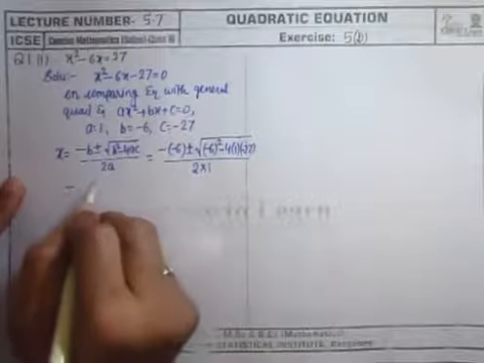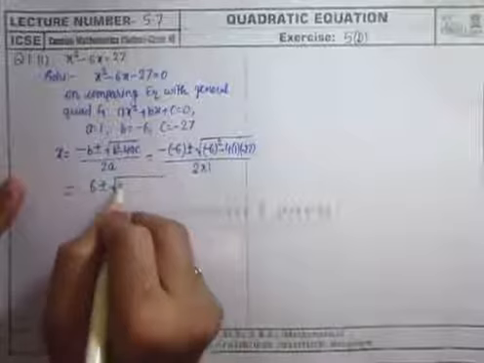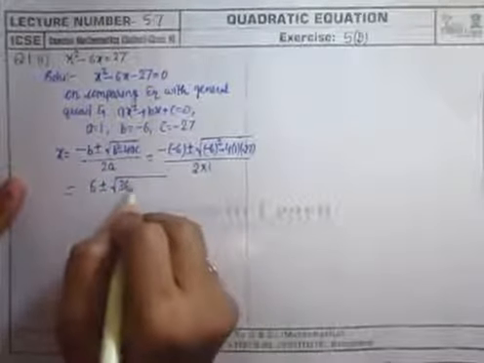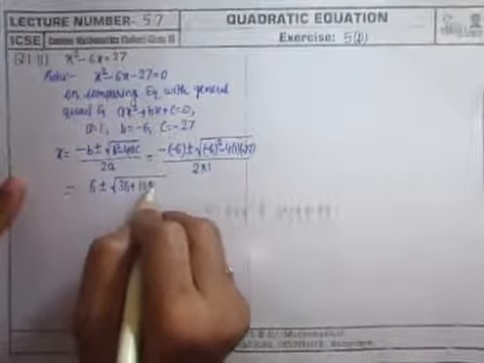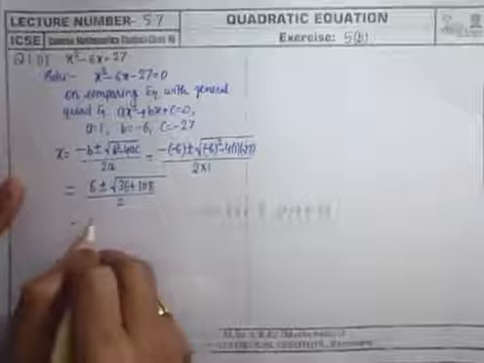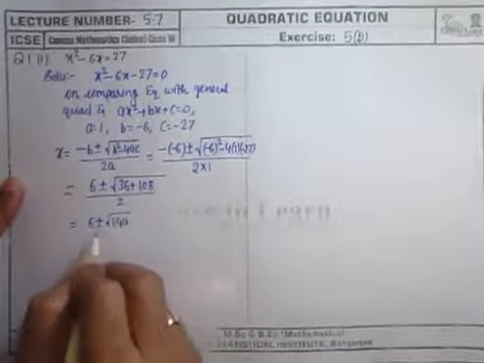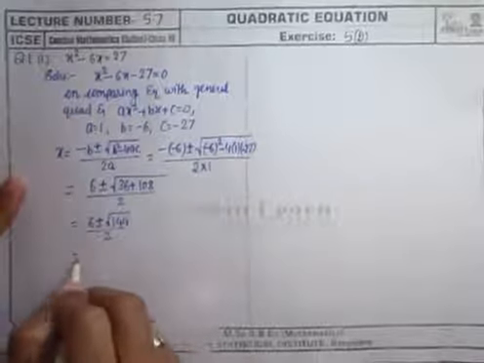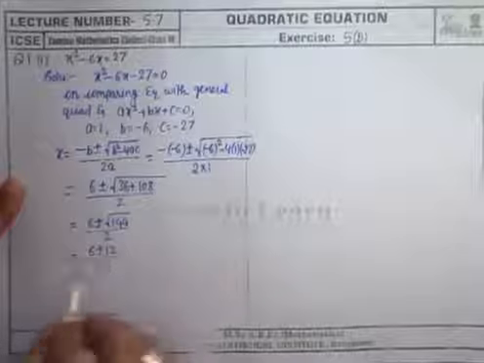So ultimately it will be 6 plus minus root under 36 plus 108, by 2. So it will be 6 plus minus root under 144 by 2. Now from here, 6 plus minus 12 by 2.